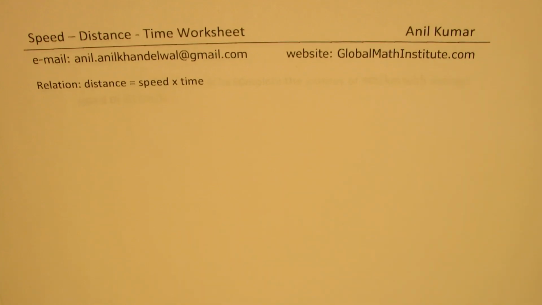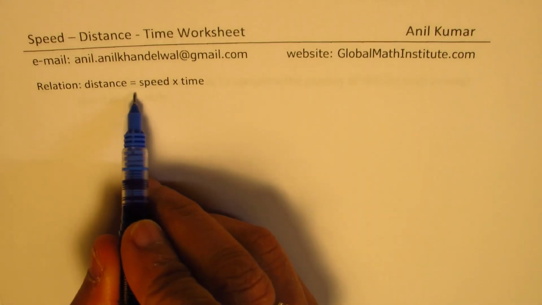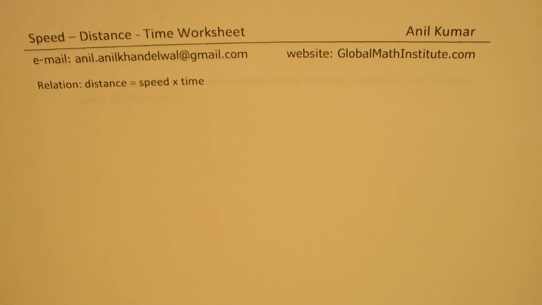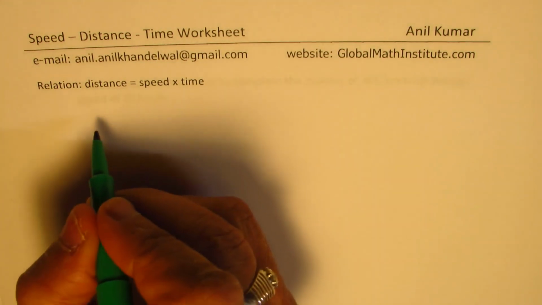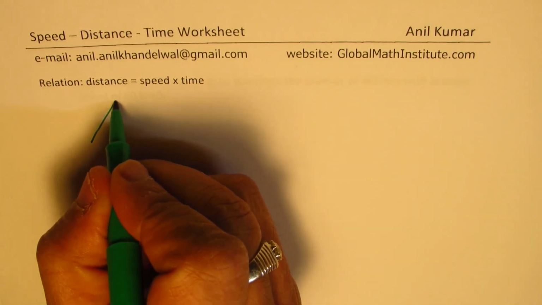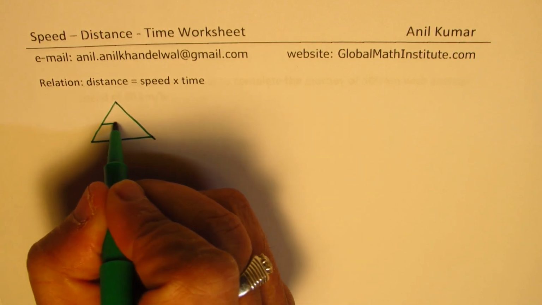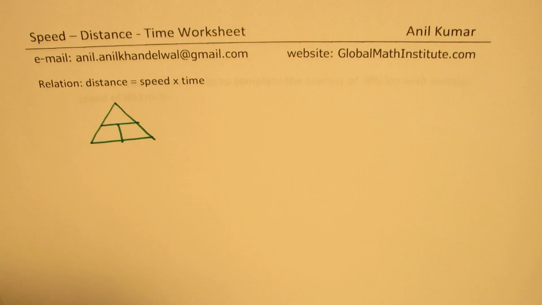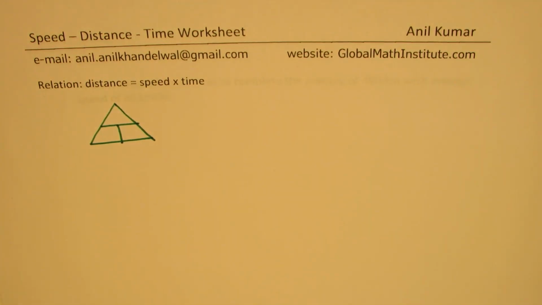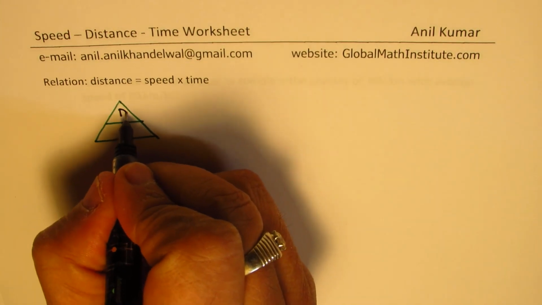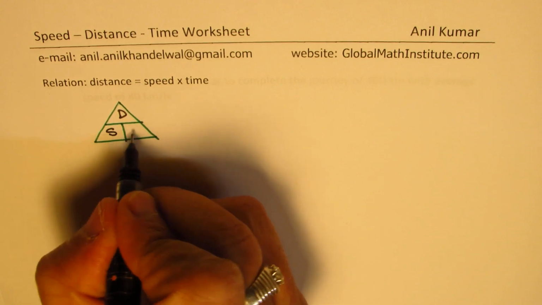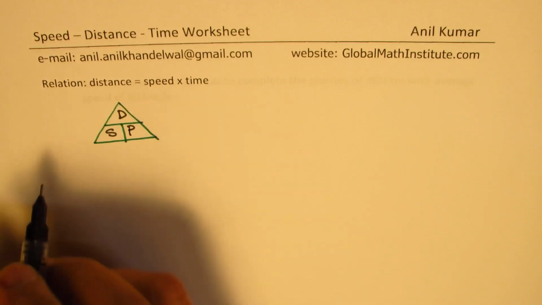So as you know, distance is speed into time. Easy way to represent this is in the form of a triangle. Distance is the product of speed and time, right?